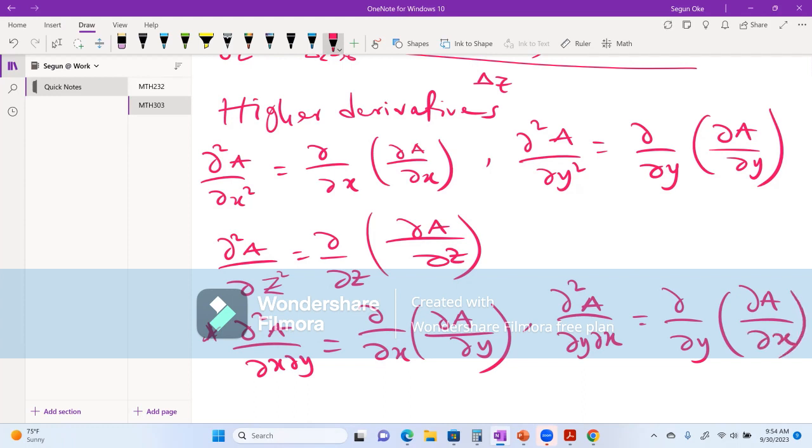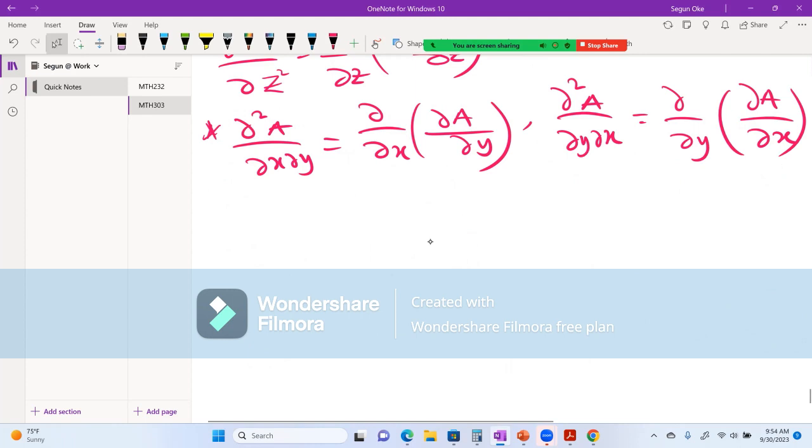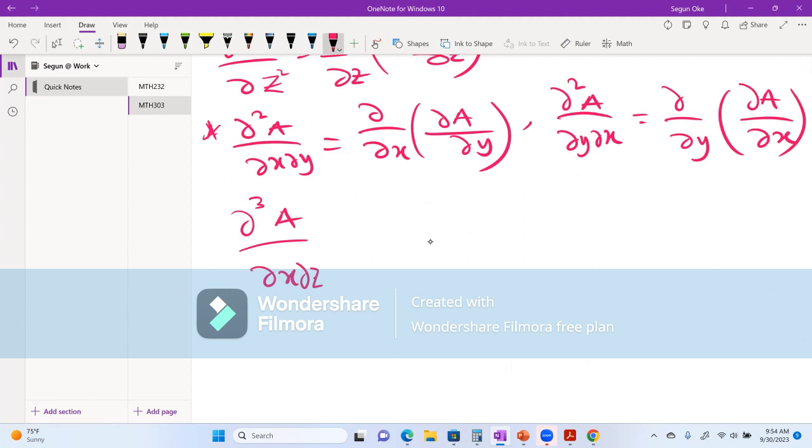Please take note of that. If I have ∂³A over ∂x∂z², it's still the same thing. It's going to be ∂/∂x into ∂²A over ∂z², and so on. So the same rule is also applicable. They also have their own rule. Let's look at the rule.